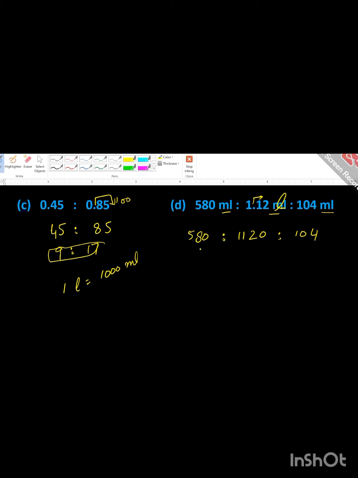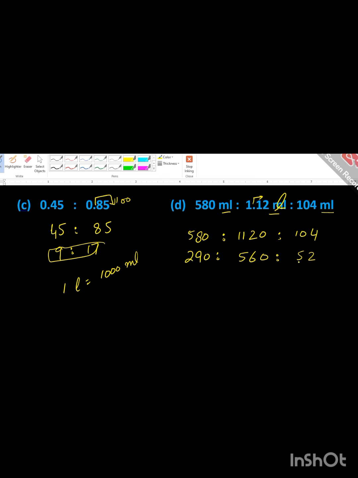Clear? So now you can simplify because all three units are in milliliters now, and when we divide by the table of 2, you will get 290. Here again you divide with the table of 2, 5 2s are 10, 1 carries, 6 2s are 12 and 0, 5 2s are 10 and 2 2s are 4.